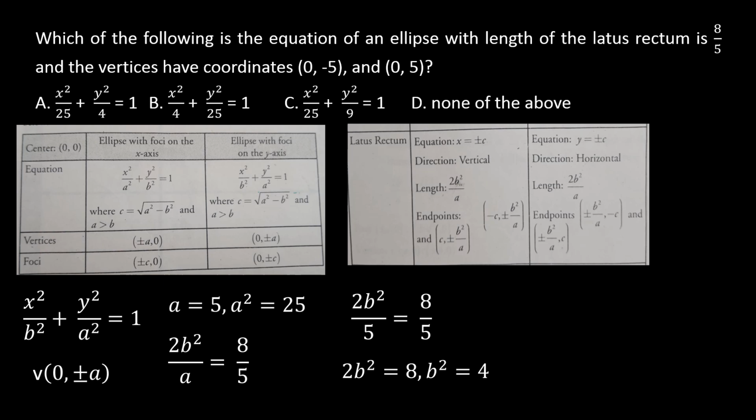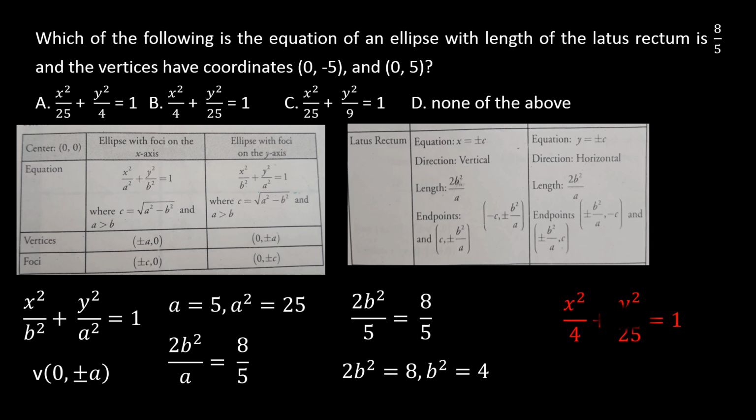In the second table, we can actually identify where we get 2b squared over a. That actually corresponds to the length of the latus rectum, which is 2b squared over a, in the second row, third column.